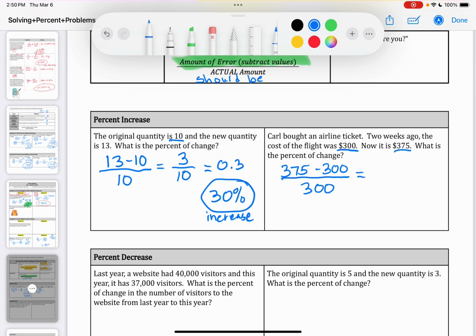So that gives me 75 divided by 300. So let's punch that in. You can do it too. So I got 0.25, which is 25% increase.